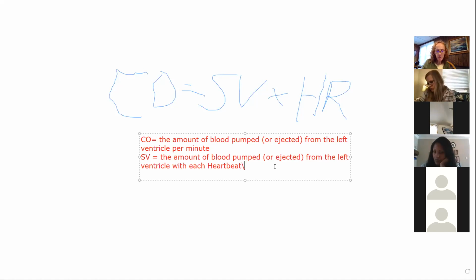And the heart rate, as you probably already know, is the number of beats or contractions per minute.